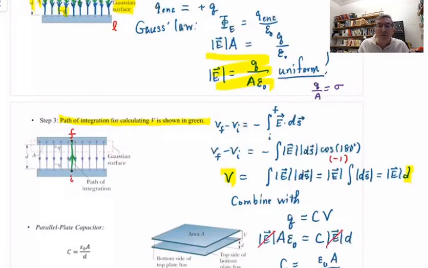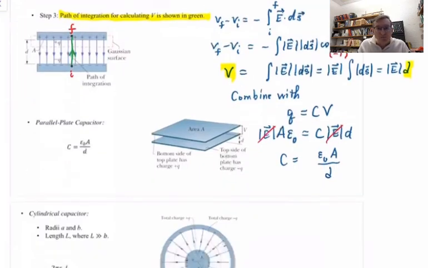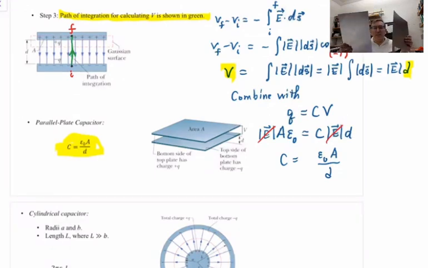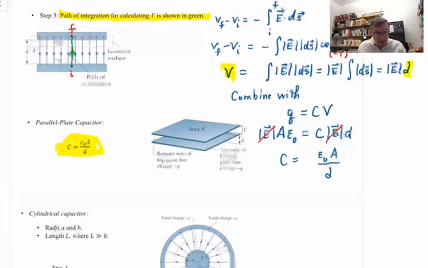Get that back into view. And so here you see that result written over here to the side. Now that's the capacitance formula for a parallel plate capacitor, a specific shape: two flat parallel plates. Each has an area A, and they're separated by a distance D. Notice it just depends on geometry. Okay?